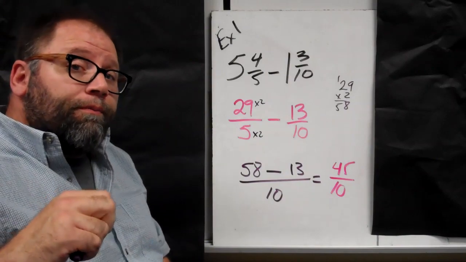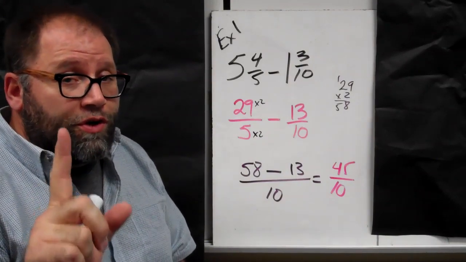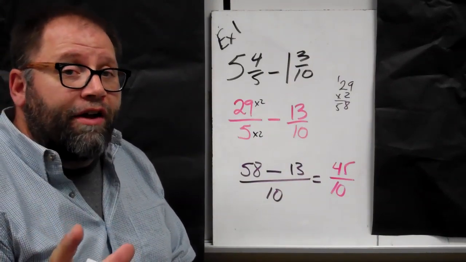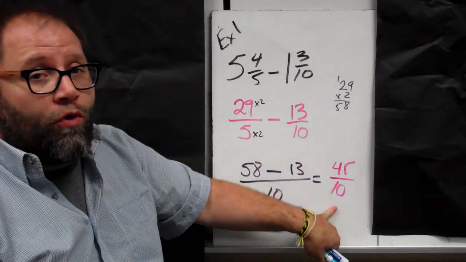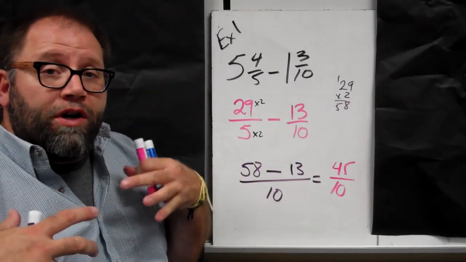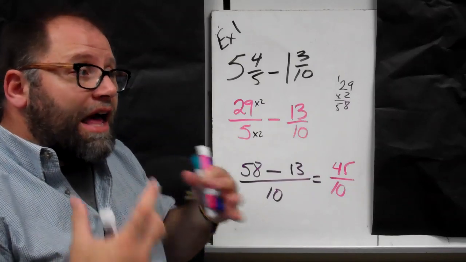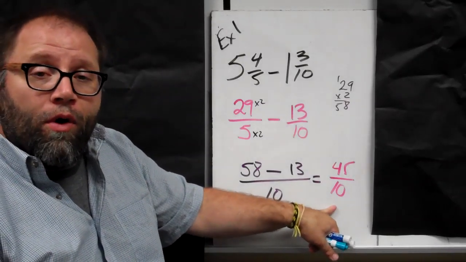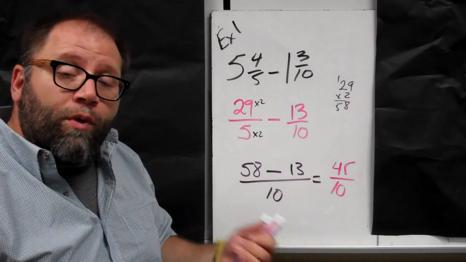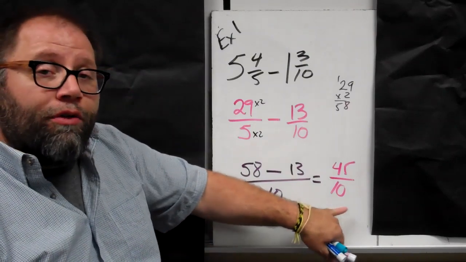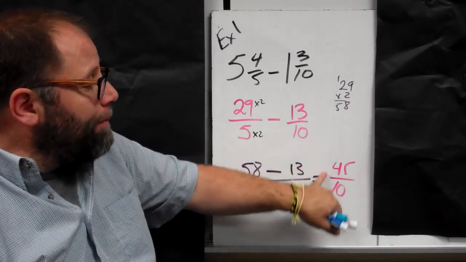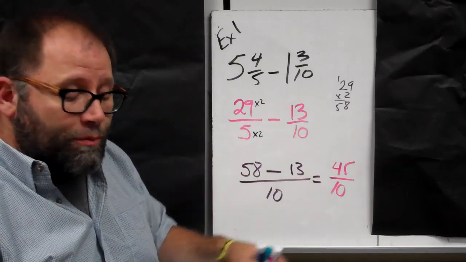Now, you have one choice here, and one choice only. You have to simplify. So this needs to be in simplest form, but for us, we're going to allow you to keep it as an improper fraction, or you can convert it to a mixed number. Either one is fine. But for right now, this improper fraction, 45 over 10, would not be right. It needs to be in simplest form.